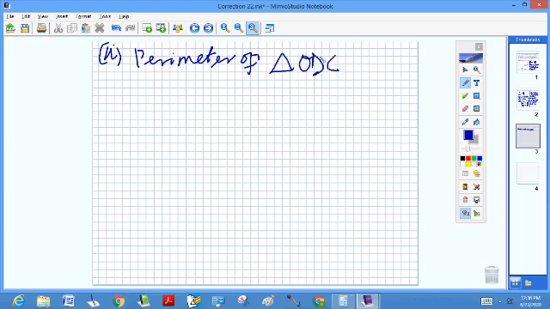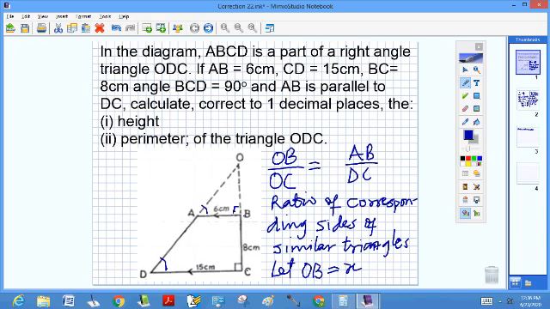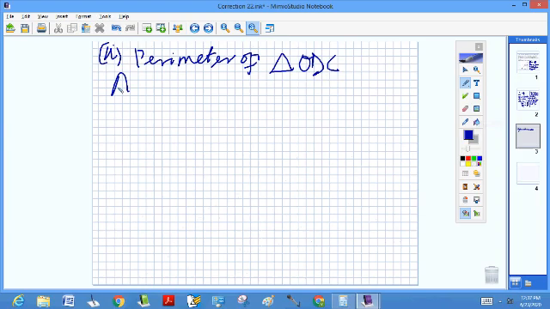To do that, first we have to find OD. Since triangle ODC is a right angle triangle, we can use Pythagoras theorem to find OD, because OD is the only side that is missing before we can find the perimeter, which is the sum of the sides of a shape.